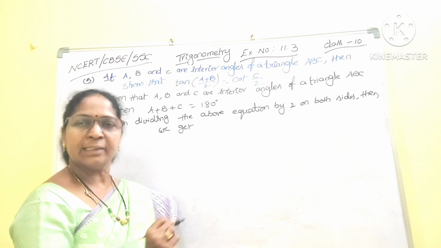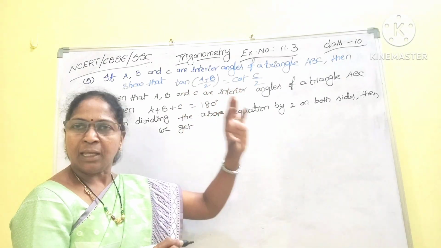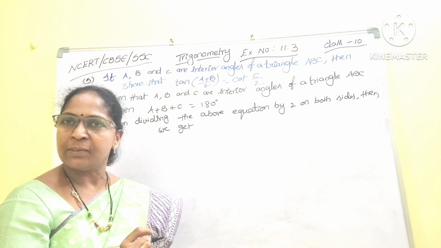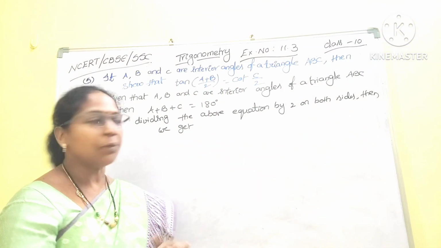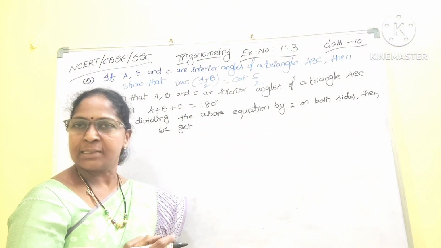First you have to write like this. Later, what you have to show here: leave the tans and cots aside for now, and here (A plus B) by 2 and also C by 2 is there, so you also divide the above equation by 2 on both sides.